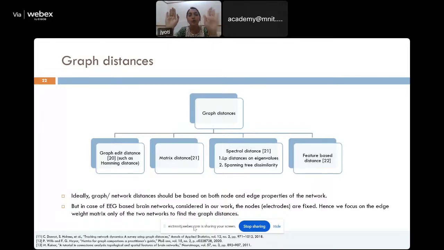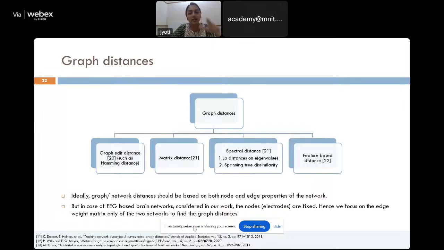In motor activity, different interconnections and different brain areas will work together, and another brain network will be formed, very different from the previous one. So how much is the similarity between these two graphs? To find the similarity between any two brain networks, we use graph distances.